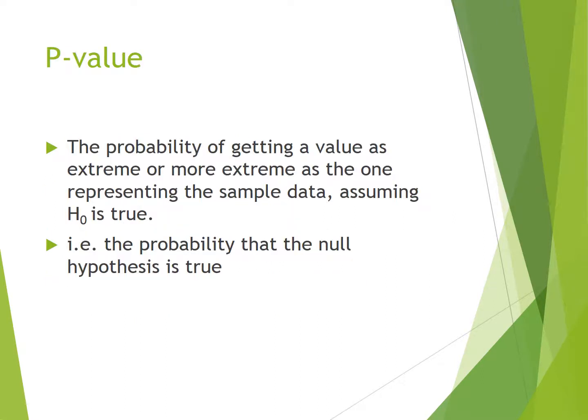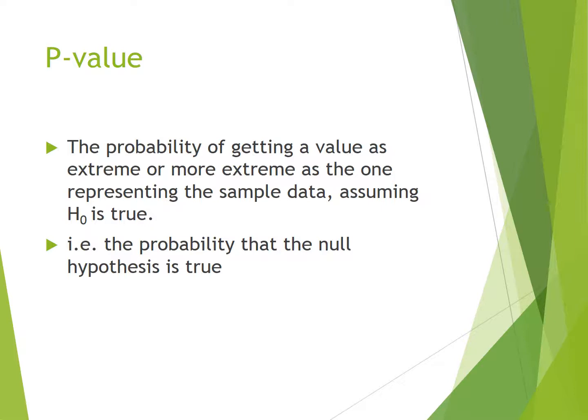The p-value is the probability of the extreme or more extreme result representing the sample data, assuming the null hypothesis is true. I've never thought that definition makes sense to students, so I made up my own. It is, in other words, the probability that the null hypothesis is true.